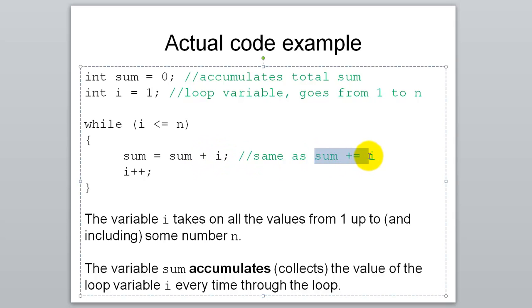I'd probably prefer that people use this handy special assignment operator, but this does the same thing. And then we increase the value of i, and we continue the loop until we've reached our n. Once i becomes larger than n, this is going to exit the while loop and we'll be done. Sum will have then had an opportunity to add on every value from 1 to n.